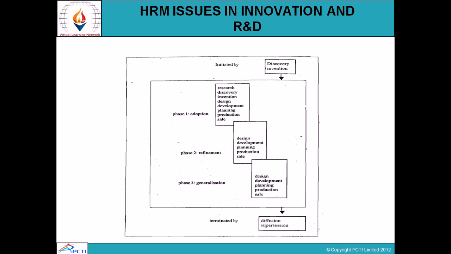In the next phase, there is a refinement phase, which includes design, development, planning, production, and sale. In the third phase, called the generalization phase, which further includes design, development, planning, production, sale, which is being terminated by the diffusion supersession. So these are the different stages of innovation in the field of HRM and R&D.